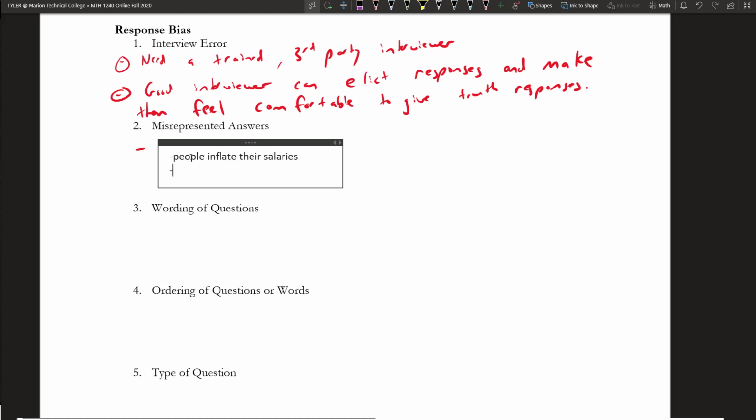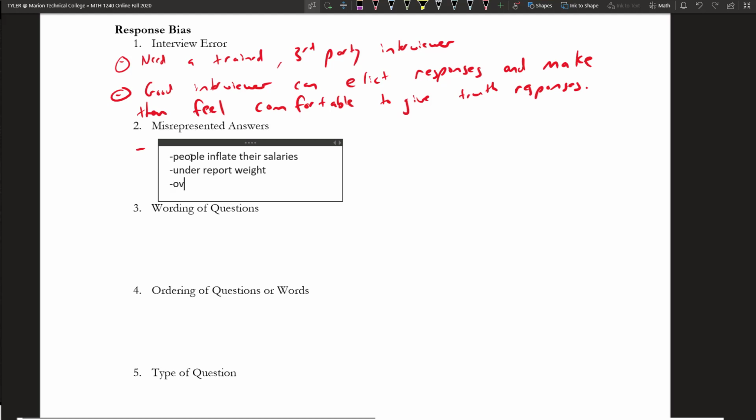Another thing is that people will also underreport items. For example, if I ask someone their weight and they're self-conscious about it, they would probably underreport it.